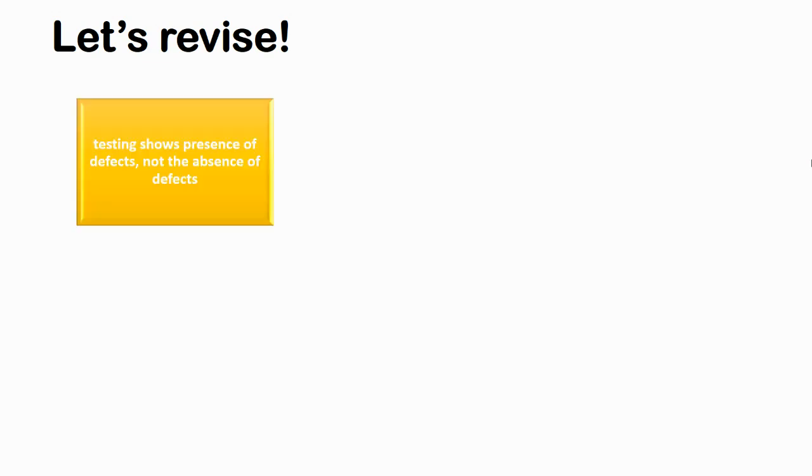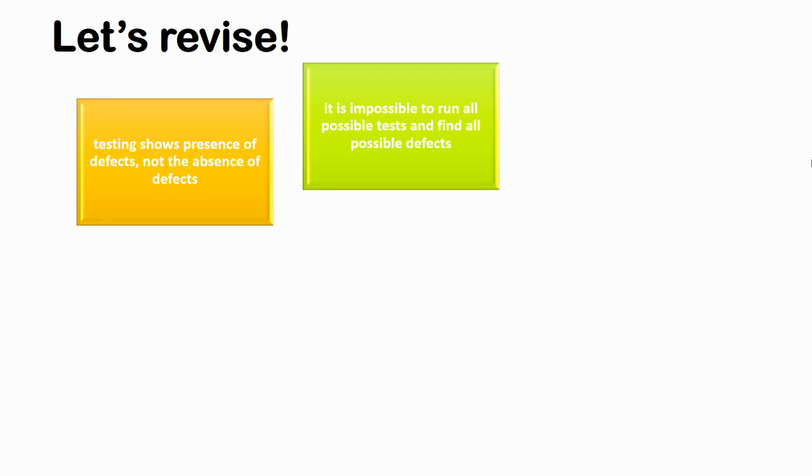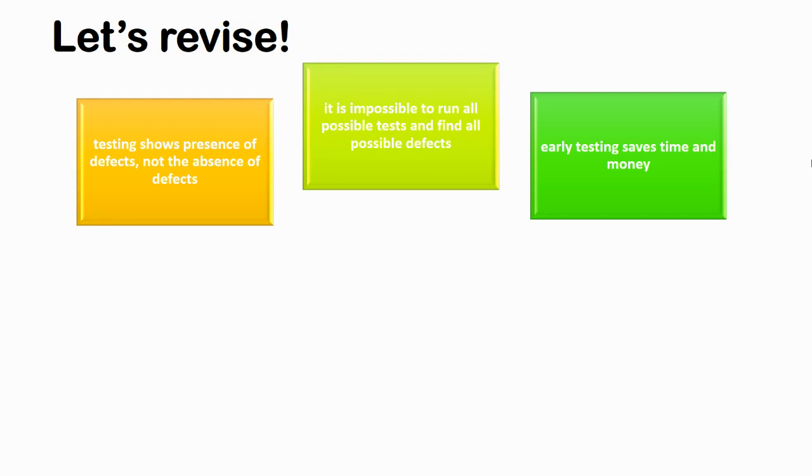Okay, now it's time to revise what we have learned. Testing shows presence of defects. It does not show the absence of defects, and that is when we talk about the testing shows presence of defects principle. It is impossible to run all possible tests and find all possible defects, which is connected to our exhaustive testing is impossible principle.